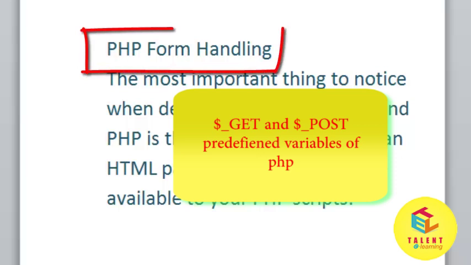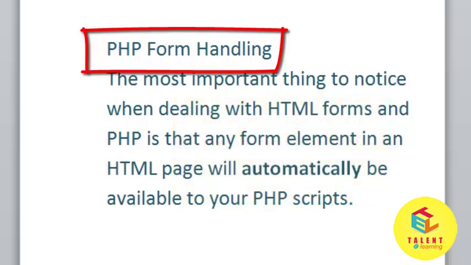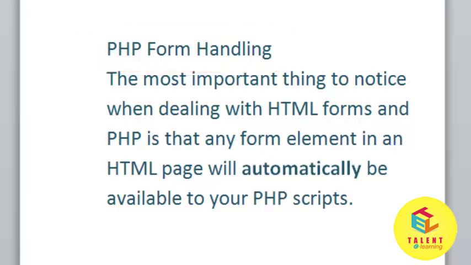PHP form handling. The most important thing to notice when dealing with HTML forms and PHP is that any form element in an HTML page will automatically be available to your PHP scripts in GET and POST method.